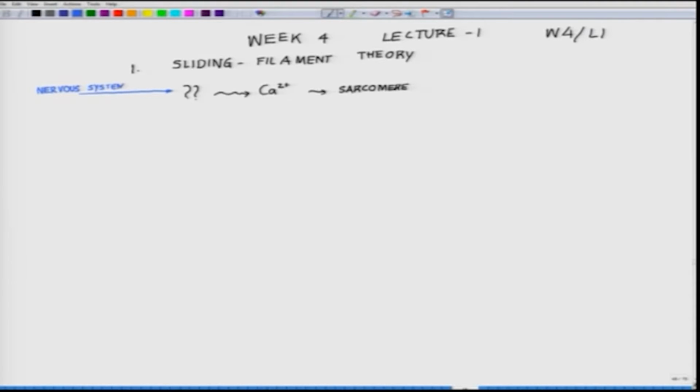Okay. Now, second part into this puzzle is there is a theory which we will not cover today, but just kind of give you a flair. It is called excitation contraction coupling theory.